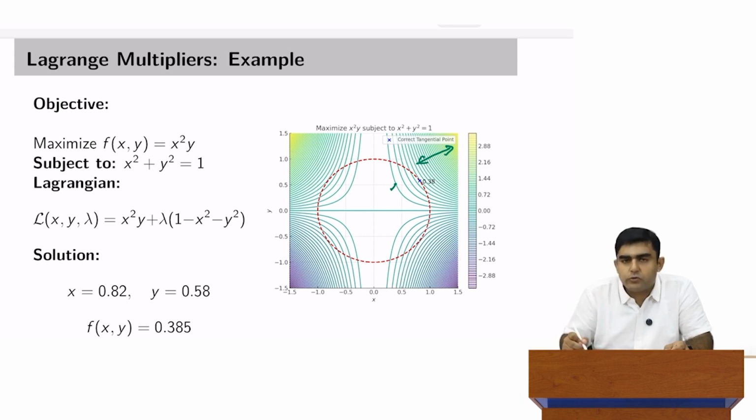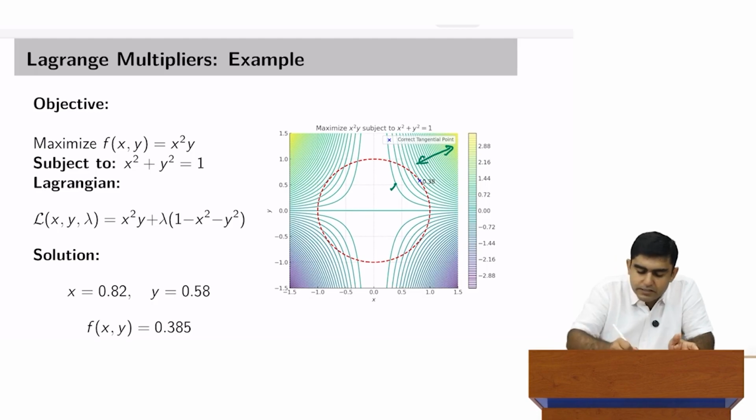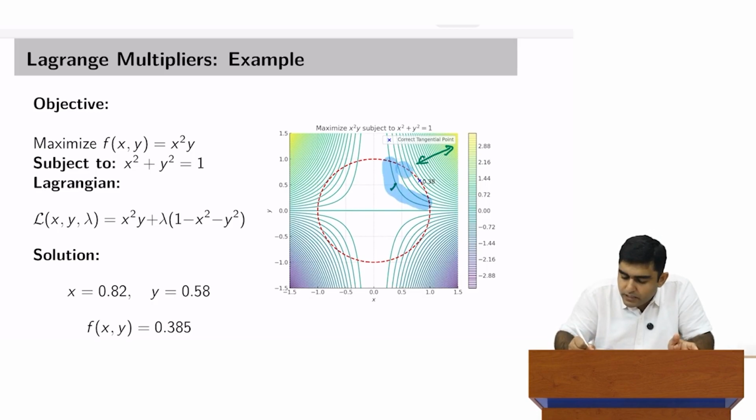Whatever contour lines are outside the circle are of no interest for us because they are not meeting this circle at any point, and hence they would for sure be violating our constraint. So, what remains interesting for us are lines like this, or lines like this, on this side lines like this, and so on. This is where one of our feasible answers will lie.